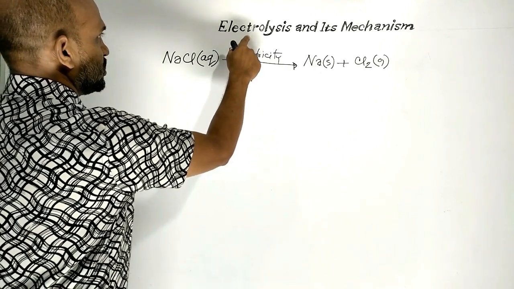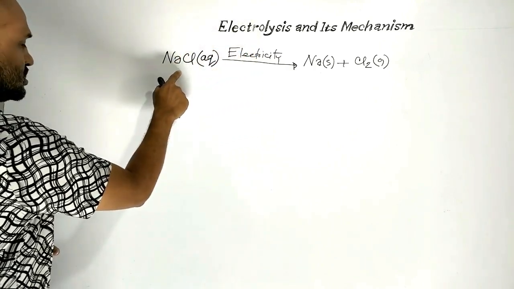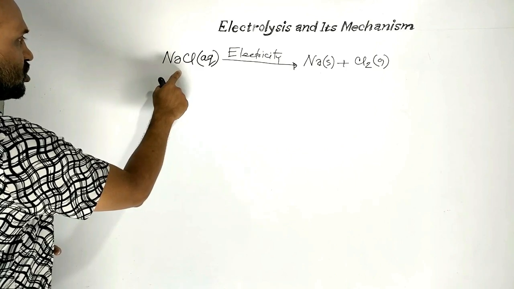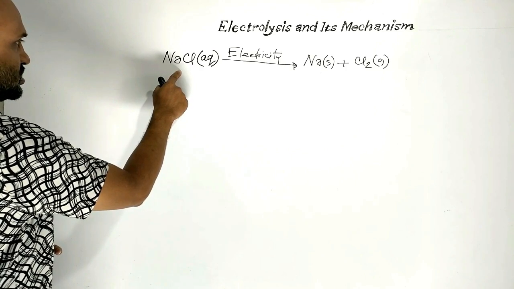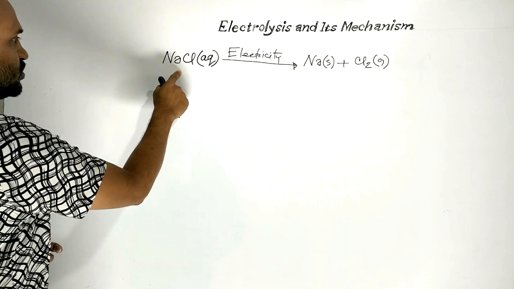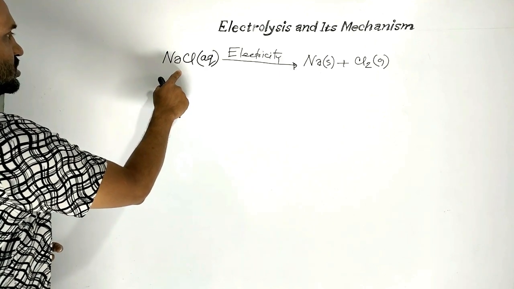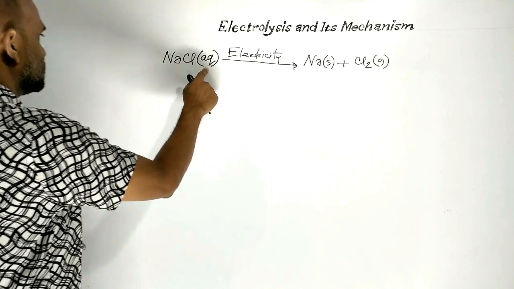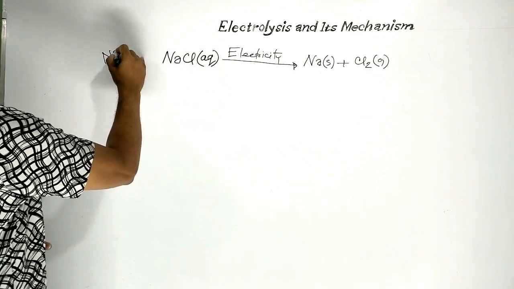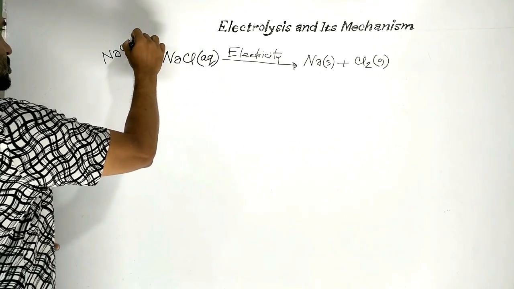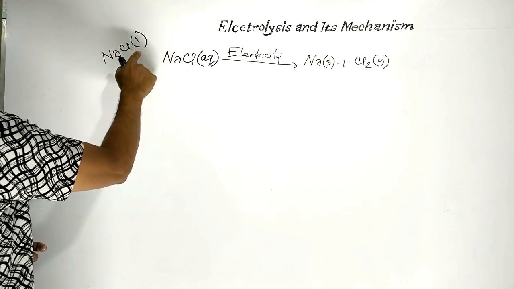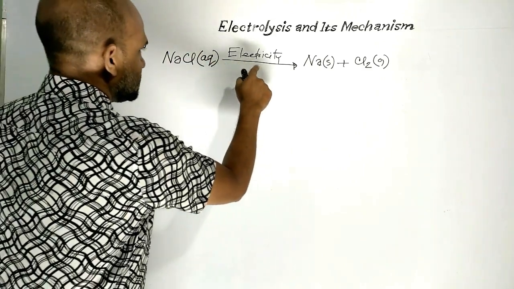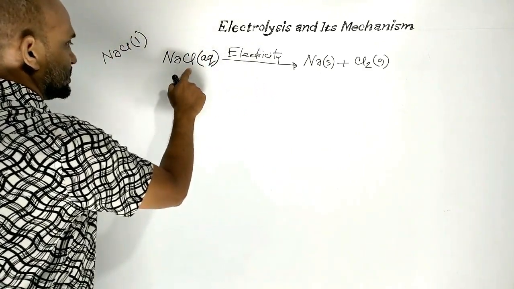The definition of electrolysis is the decomposition reaction of an electrolyte in its solution or in its molten state by passing electricity through it.